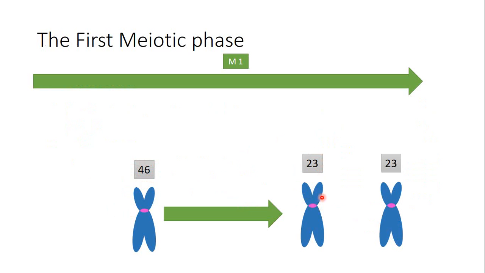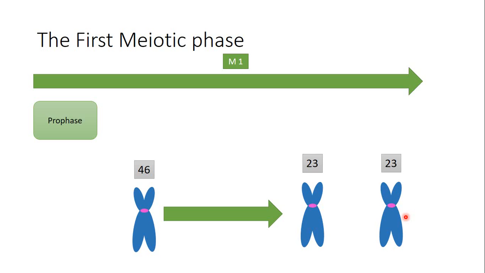So, as I showed you before, these 46 chromosomes are made up of 23 pairs, and every pair will be divided into 2 single chromosomes, and every chromosome is going to go into a different cell.